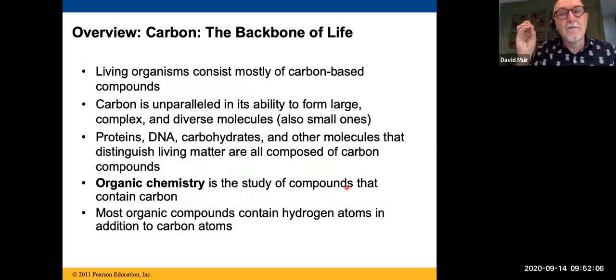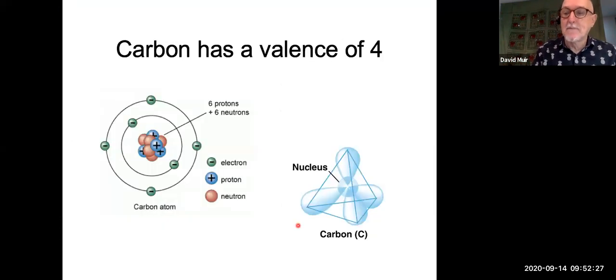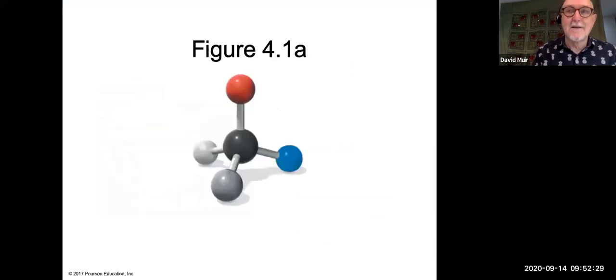The study of compounds that use carbon as their basis is called organic chemistry. So an organic compound is any compound produced by living things which has carbon as its basis. The very simplest of all of the organic compounds is actually methane, and methane is CH4.